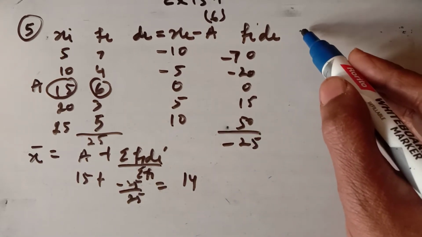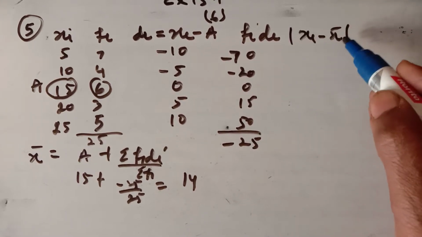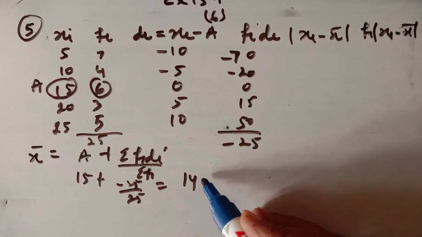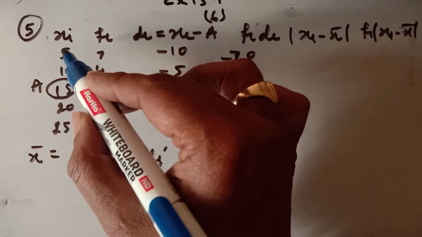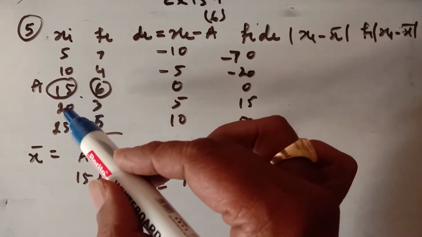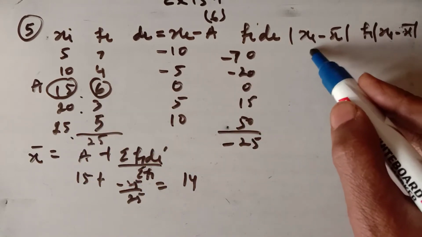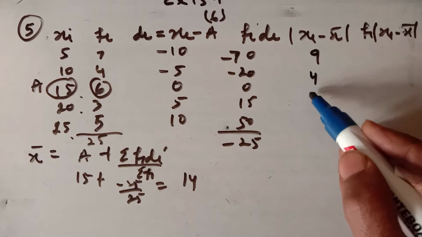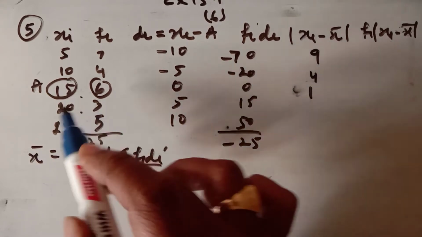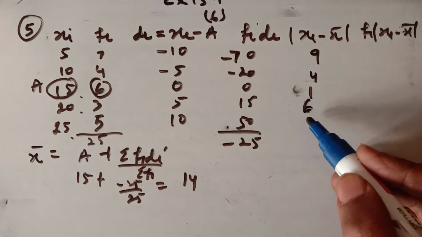Then again, आपको क्या करना है इसमें, you have to subtract the mean from xi, take the mod, and then multiply with the frequency. The mean is 14. तो xi ये वाला कॉमन है, 5 minus 14, 10 minus 14, 15 minus 14, 20 minus 14, 25 minus 14, and taking the mod. So you'll get 9, 4, 1, 6, and 11.